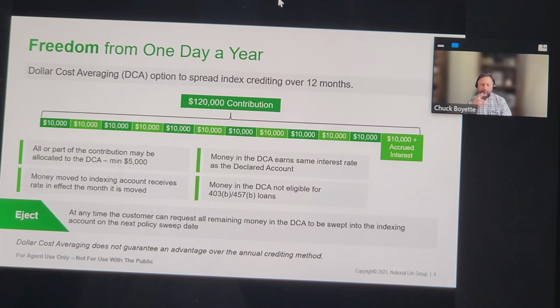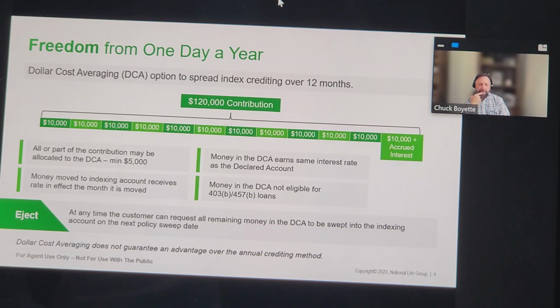But while it's waiting to be moved into the indexing strategies, it will receive an interest rate that is based off the declared interest account. Any money that is in the DCA is not eligible for a 403B or 457 loan, so that is something to know.